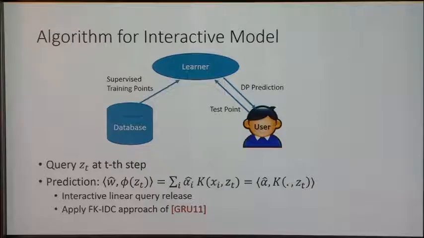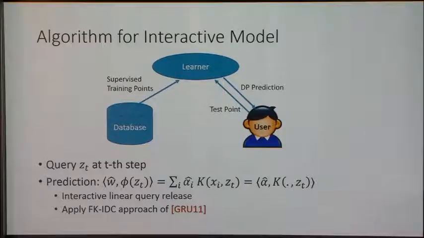Now if, for a given query, my prediction, with some small amount of noise, is far away from the correct prediction, then I will make an update. And what you can show is that the number of updates typically will be very small, because each update will decrease the potential function.